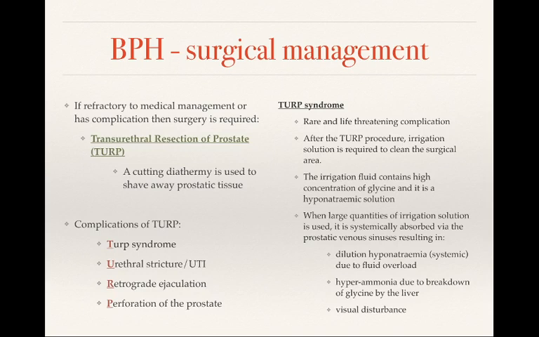So if someone recently had a TURP procedure done, a day ago, for example, and you are looking through their U's and E's and they have become hyponatremic, one of your differential diagnoses has to be TURP syndrome.